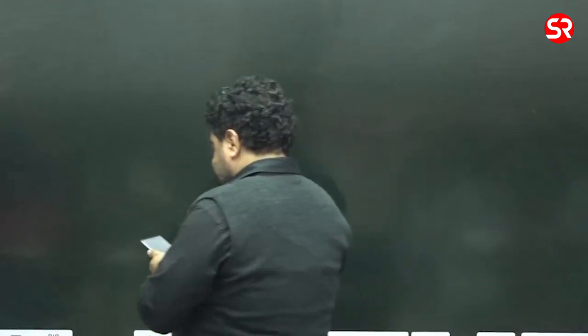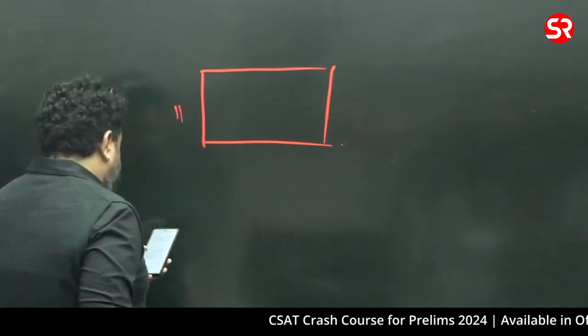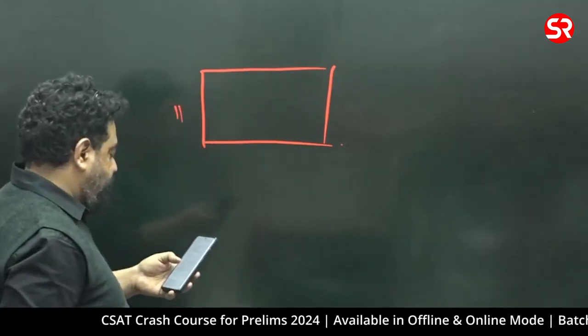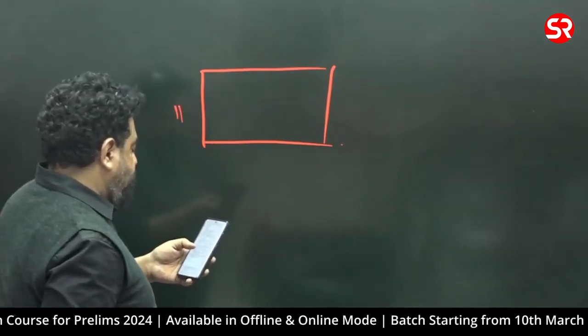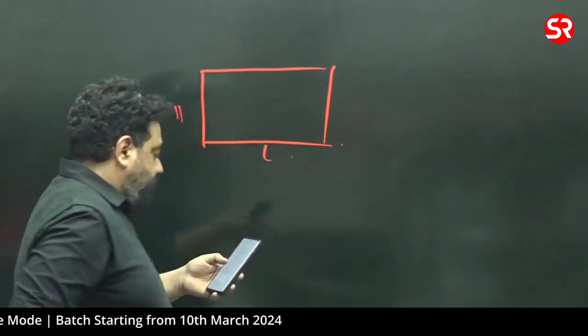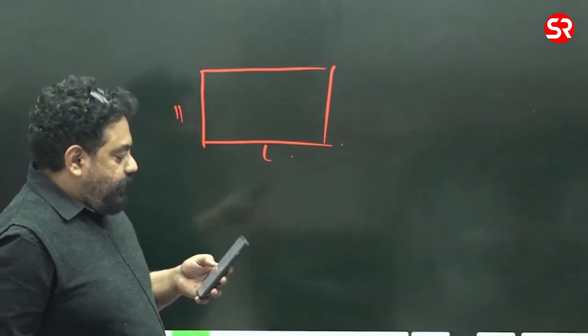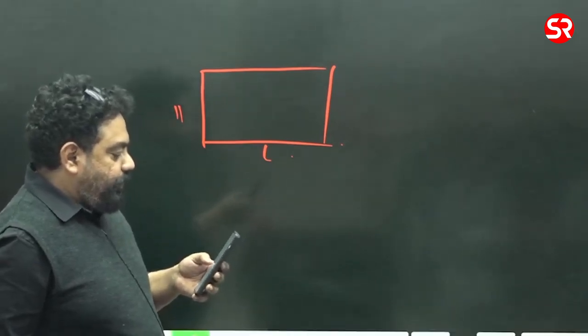He says the breadth of the rectangle is 11. What is the length? The ratio of the area, so let the length be L. He says the ratio of the area after the length is increased by 20%, breadth remains same, to the original area.